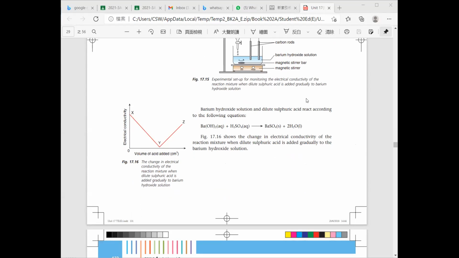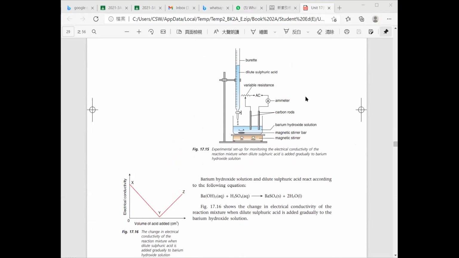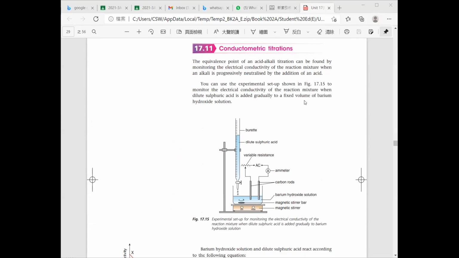Take a look at that. For this conductometric titration, the principle lies on measuring the difference in the electrical conductivity of a reaction mixture while I add the two chemicals together. Can you find it?